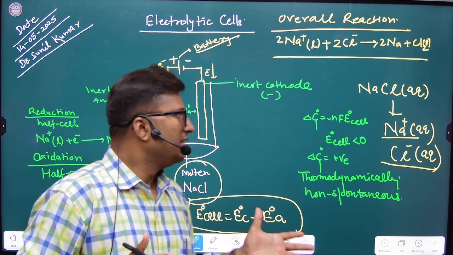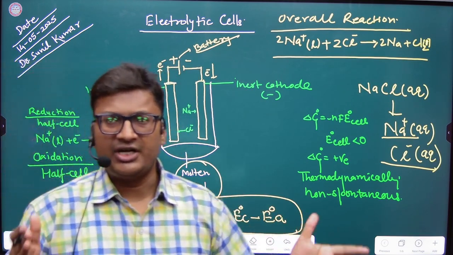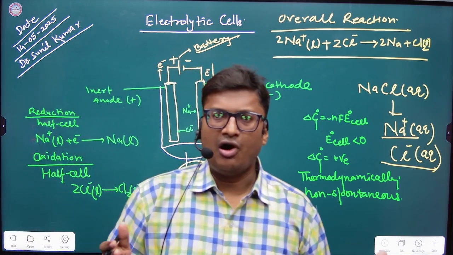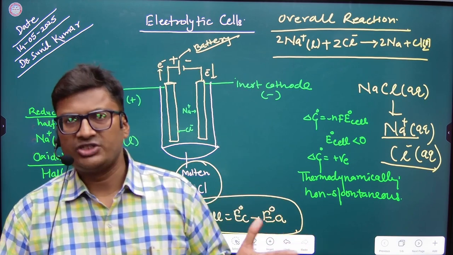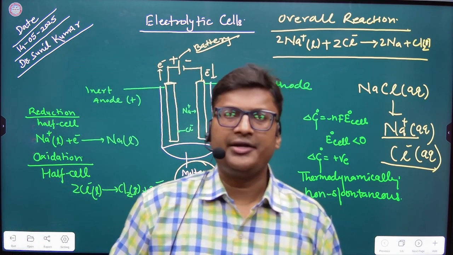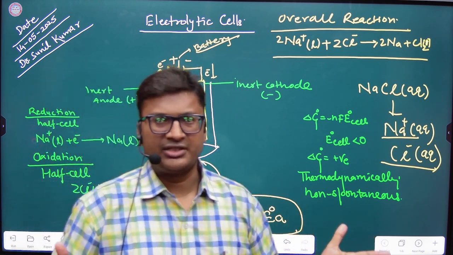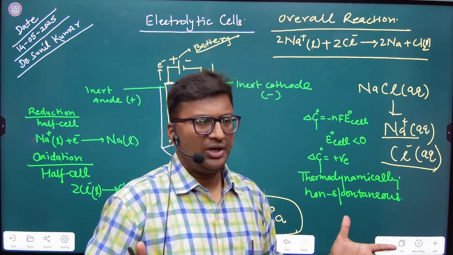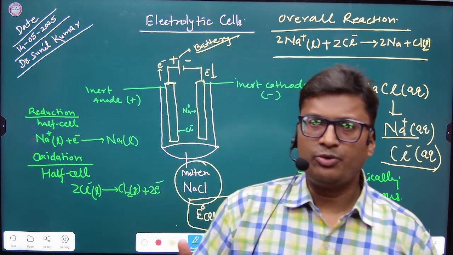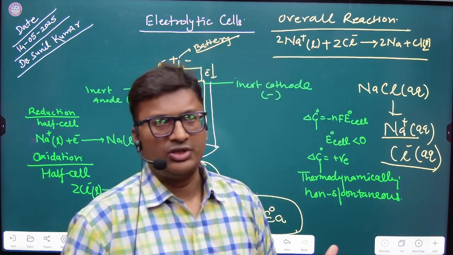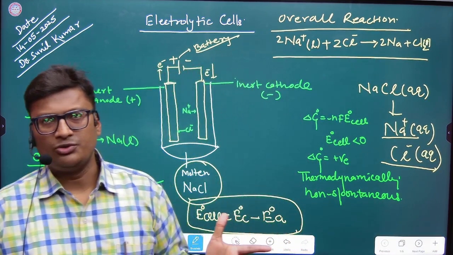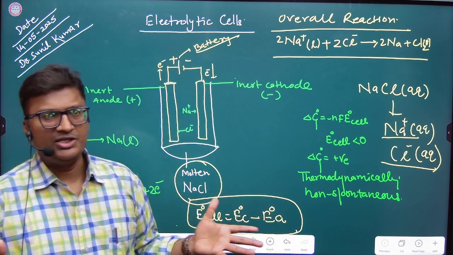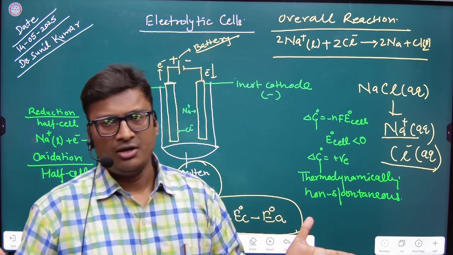Because in the Daniell cell you have studied that the reactions are spontaneous, meaning the oxidation half cell reaction and the reduction half cell reaction take place spontaneously to form an electrochemical cell, and the resultant potential was calculated through the formula E cell is equal to E0 cathode minus E0 anode, where E0 indicates the standard reduction potential.